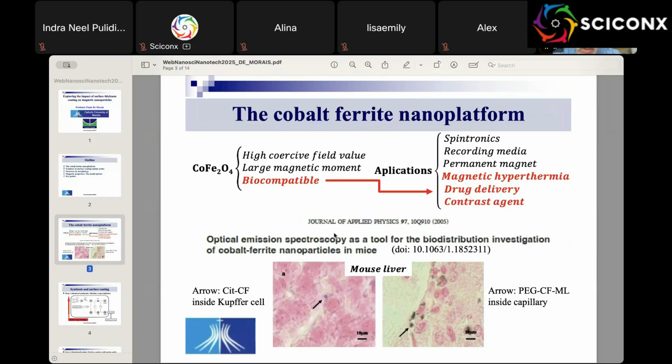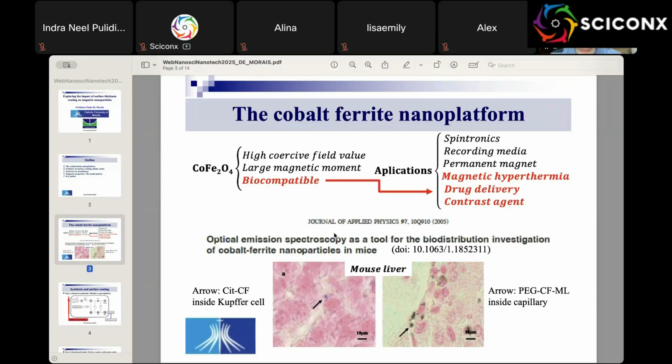On the lower part of my slide, to emphasize the biocompatibility of cobalt ferrite nanoparticles, I'm showing you two morphological slides, biomorphological slides, where we injected the nanomaterial in mice and analyzed its impact in the mouse liver.